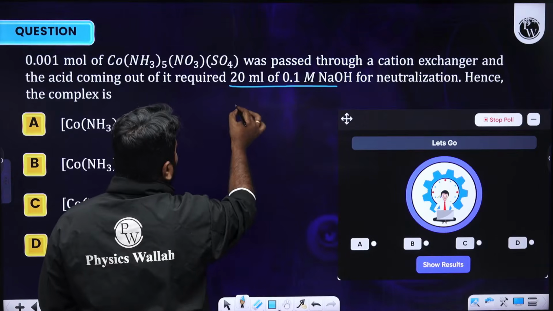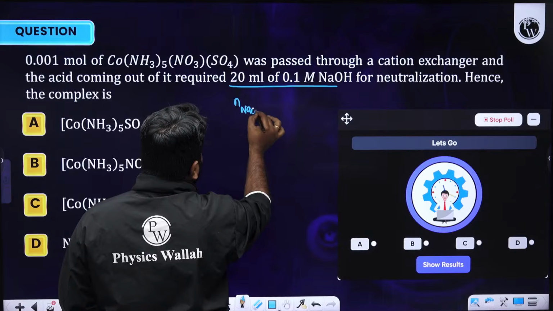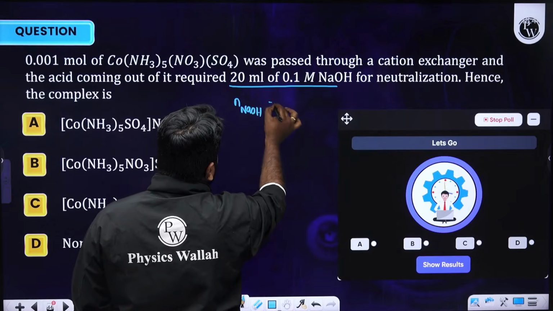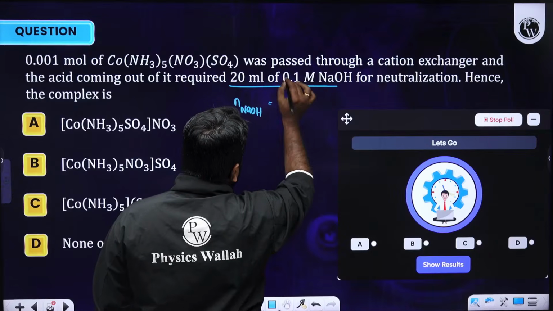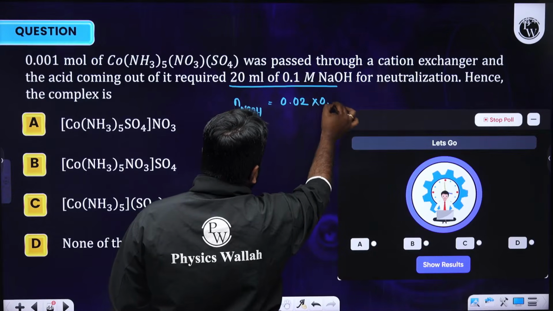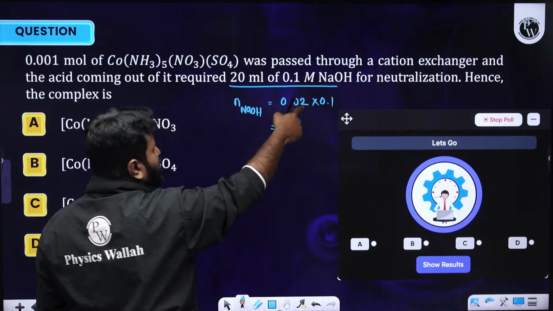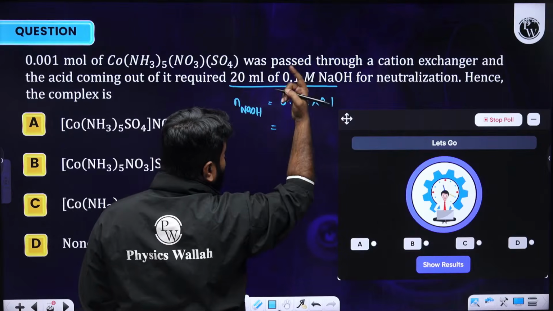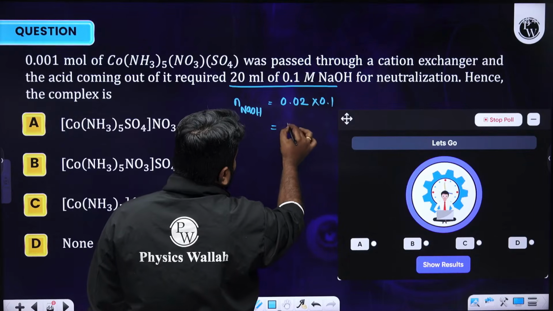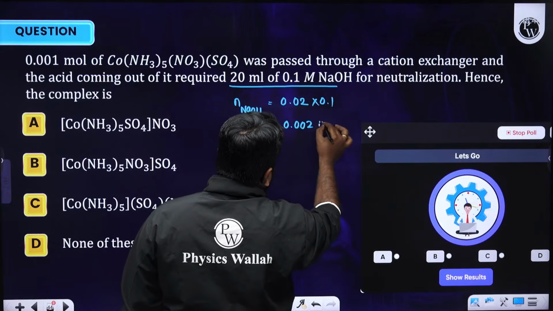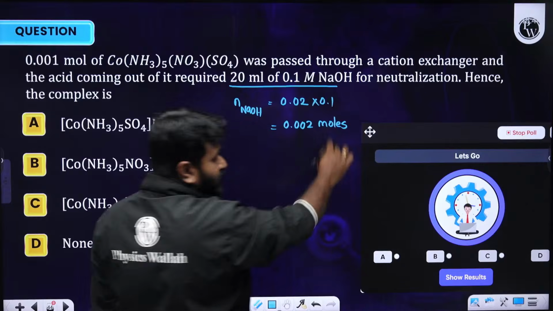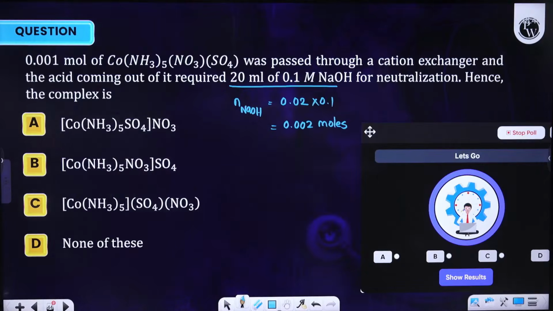So how many moles of NaOH will we have? 20 ml, so 0.02 liter into 0.1. So 2 into 10 to the power minus 2 into 10 to the power minus 1, so 2 into 10 to the power minus 3. So automatically we will be having 0.002 moles of NaOH.